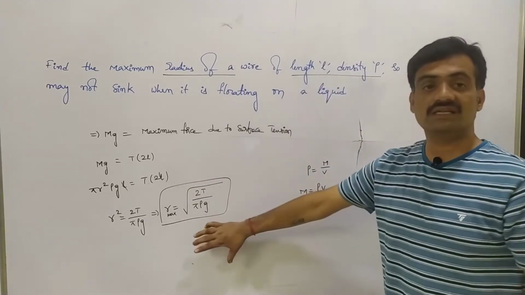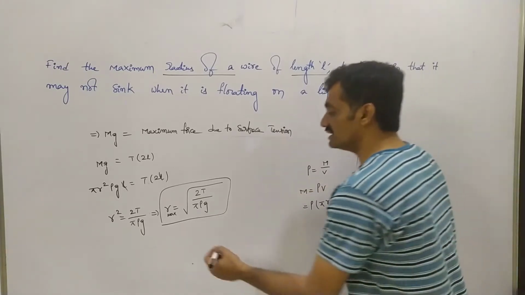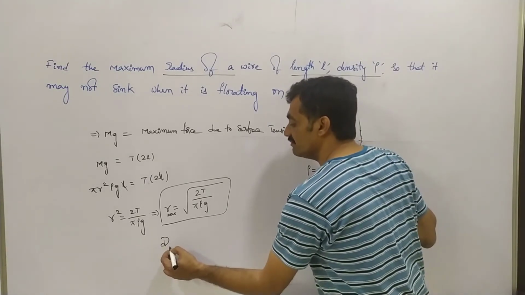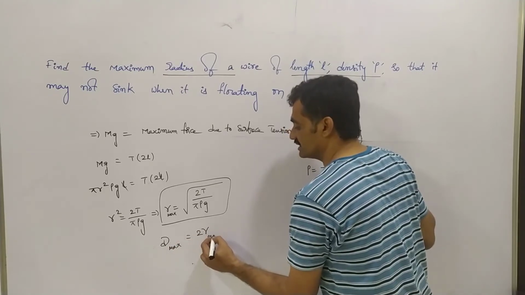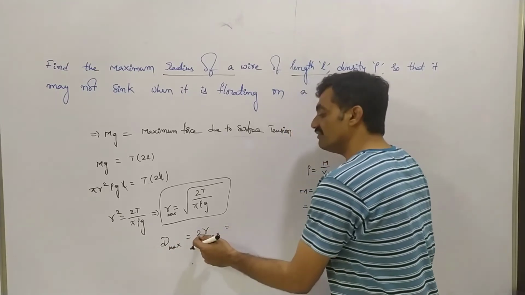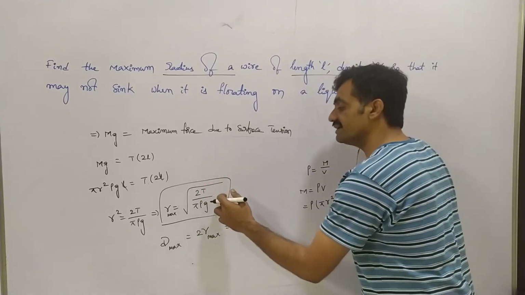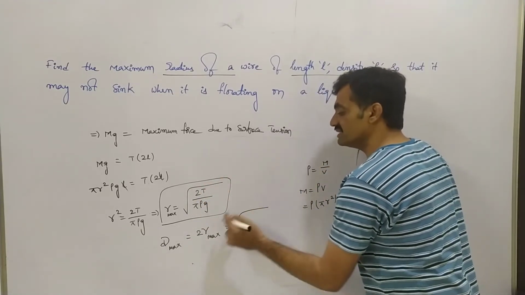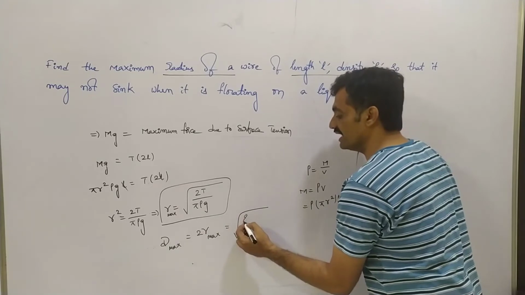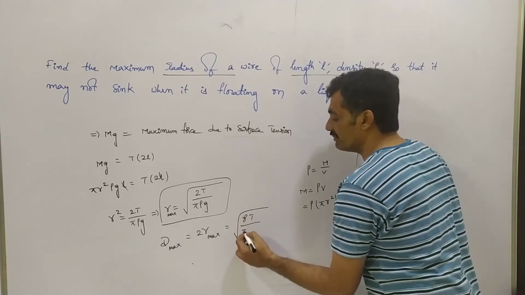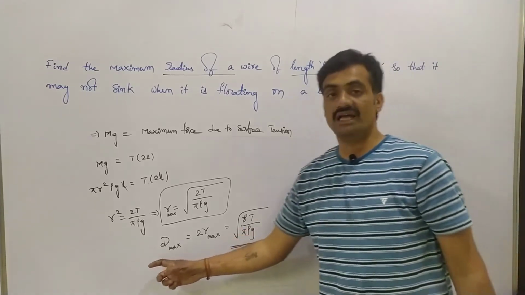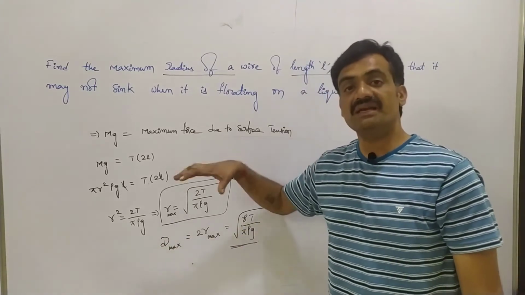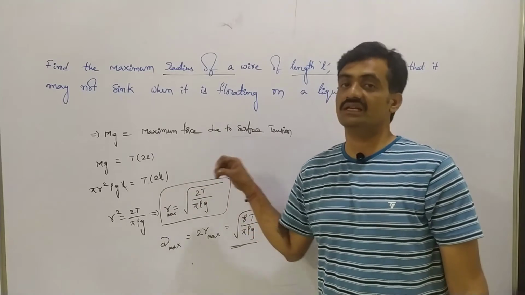We can also represent the maximum diameter, because d max is equal to 2 into r max. When we bring this 2 inside the square root, it becomes 4, and 4 into 2 is 8T by pi rho g. This represents the maximum diameter of the wire so that it may not sink within the liquid.